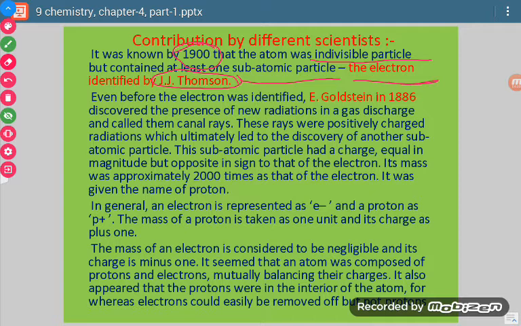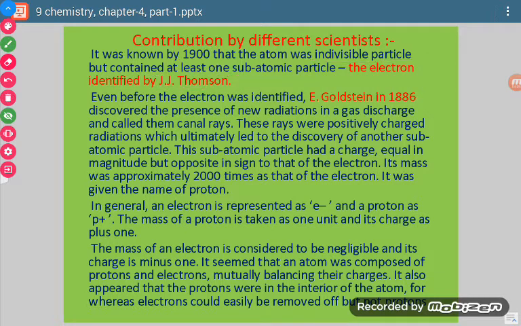So the very first thing we should know is that near about 1900 AD, it was known to us that there was presence of some subatomic particle in the atom. Okay, now after some time what happened?